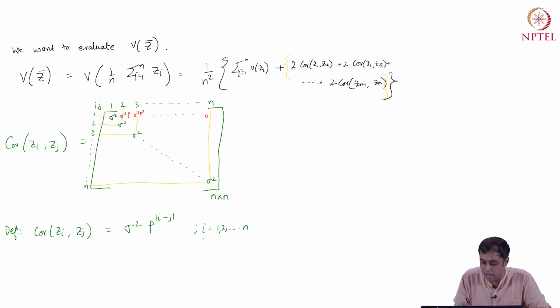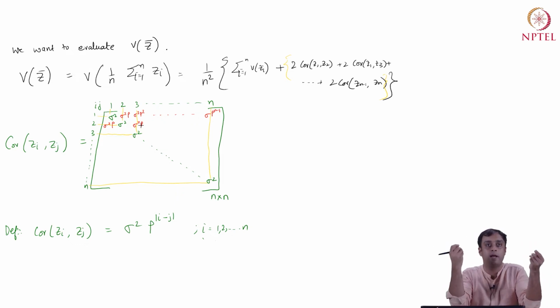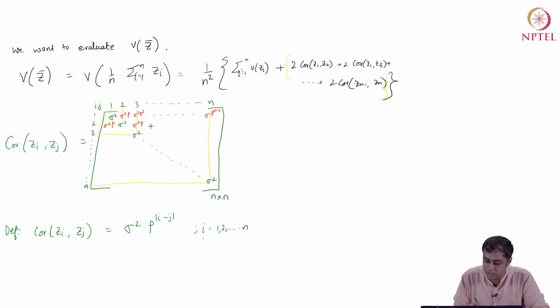Similarly, I will keep going until I have sigma squared rho to the power n minus 1. What about this element here? This is covariance of Z2 comma Z1, and this too will be nothing but sigma squared rho given my definition. And I'll have Z2 and Z3, again sigma squared rho, because the distance between 2 and 3 is still 1. And you keep going until you have sigma squared rho to the n minus 2.